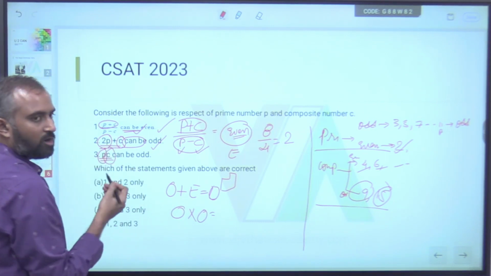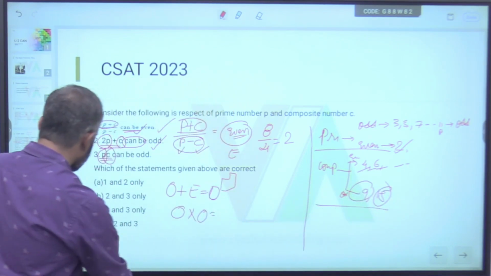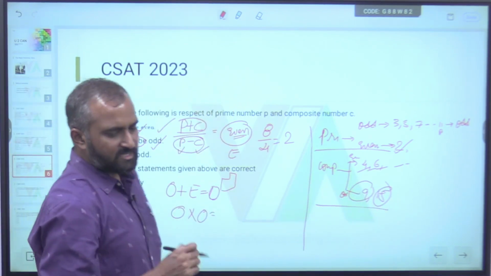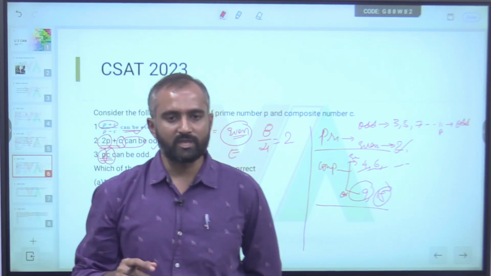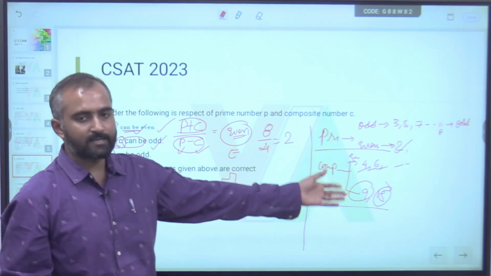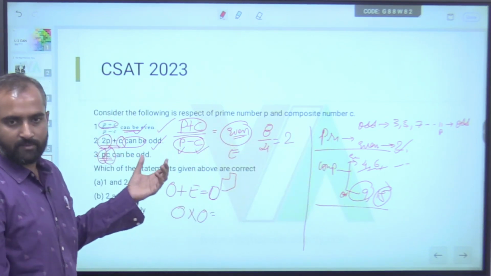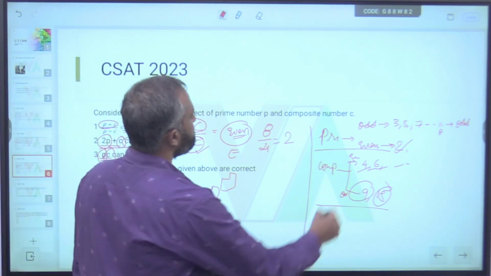Does an odd composite exist? Definitely too. So, all 3. Instead of going into specifics and then force-fitting them into the equation, deal with principles. These are basic principles. Just follow them, it becomes simple. Next.